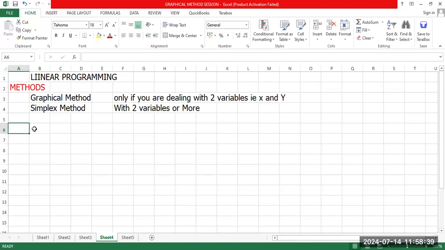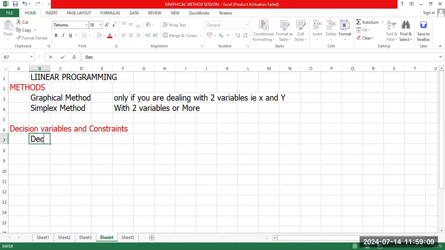Then with linear programming, colleagues, you need to differentiate between decision variables and constraints.